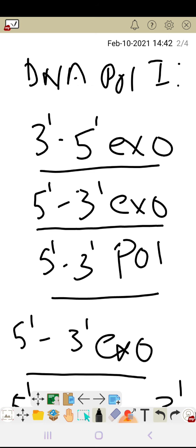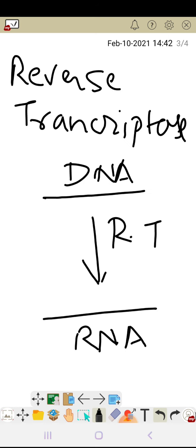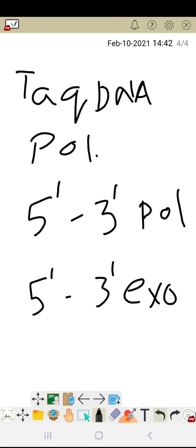Next is reverse transcriptase, which we use to make RNA from DNA. Third is Taq DNA polymerase, which has 5' to 3' polymerase activity and 5' to 3' exonuclease activity. These are the three enzymes that we use in recombinant DNA technology.